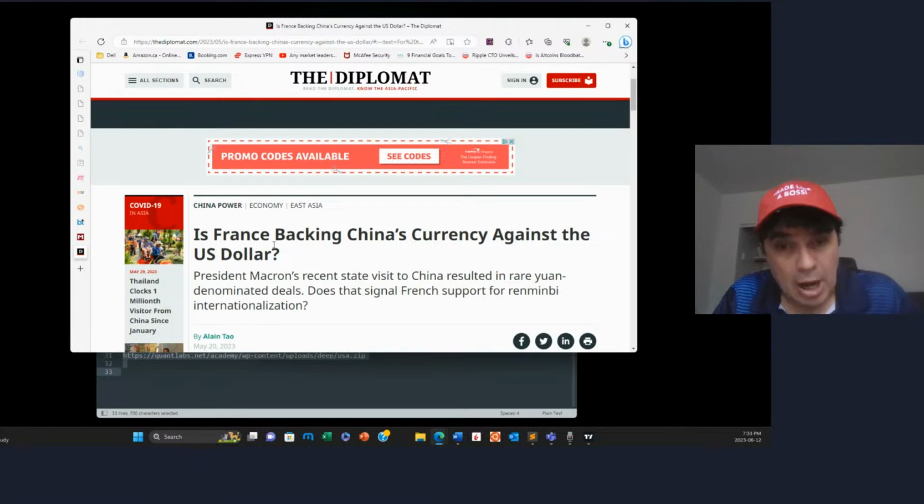How can you tell me that is not going to impact the U.S. dollar as a global reserve? Because once France does it, Germany might do it. And Germany is the economic powerhouse of the EU. Then everything else will fall in line, probably including the UK.